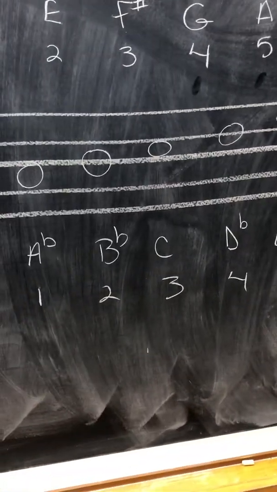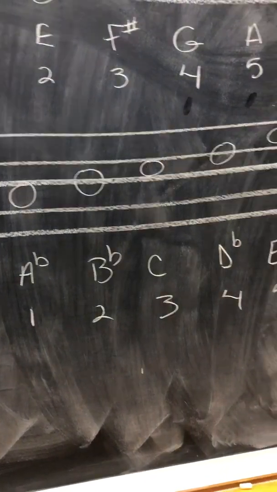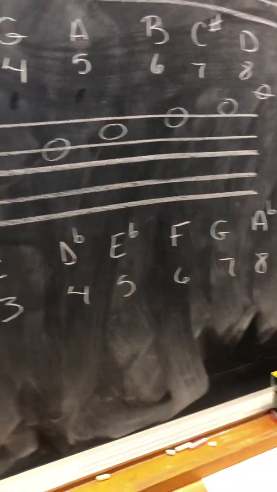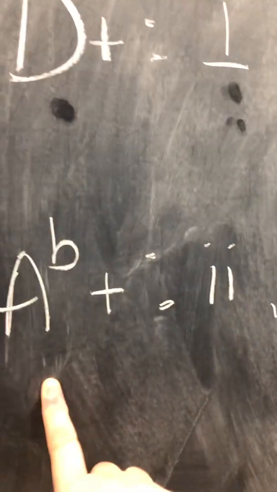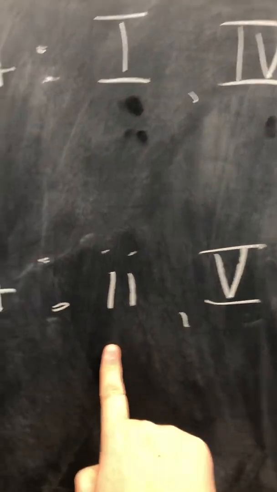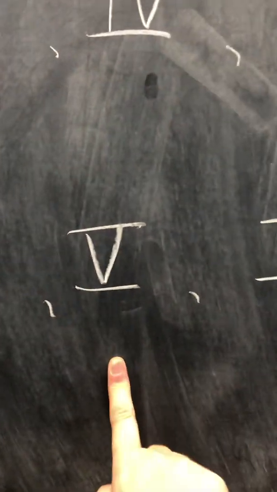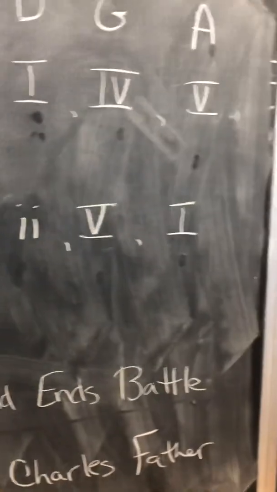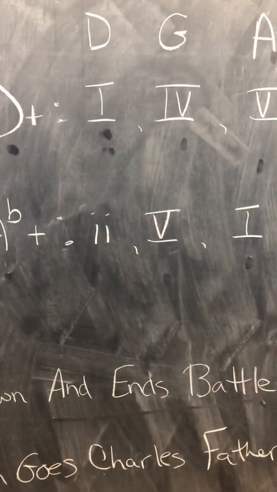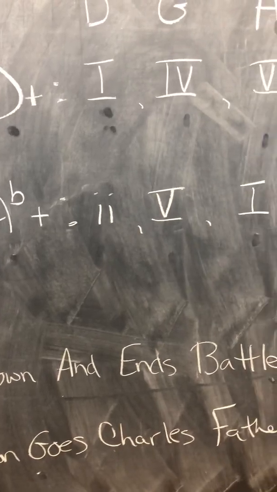Just by looking at this, we now know what chords we need. So back to the question: in the key of A flat major, I want the chord progression 2, 5, 1. This is a chord progression that's used in a lot of jazz music. Let's figure out what chords we need.